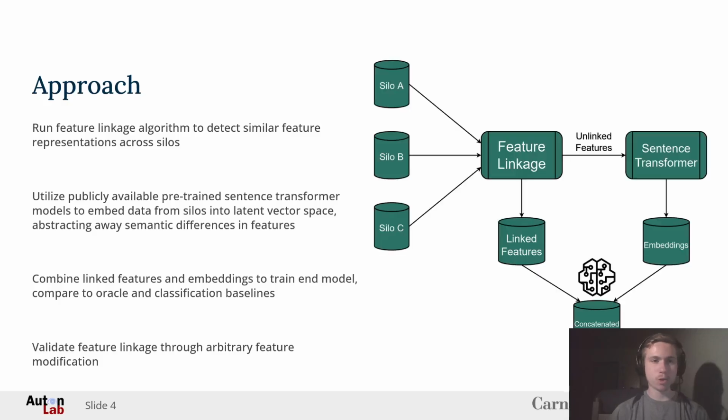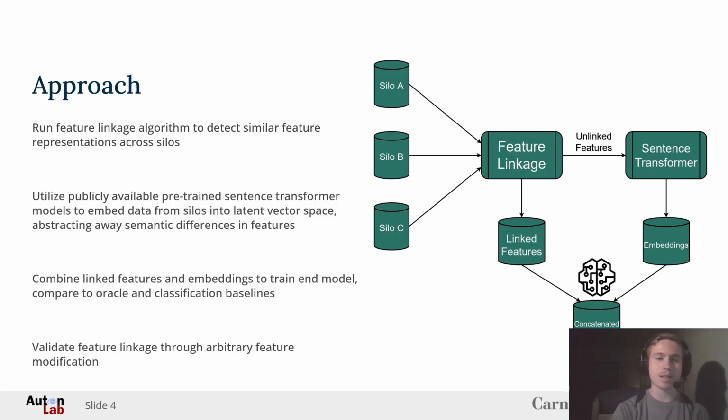So our approach, we want to abstract away these semantic differences in all these data silos so we can combine all of them into one through this abstraction. So the first step is actually to run a feature linkage algorithm to detect similar feature representations across these silos.